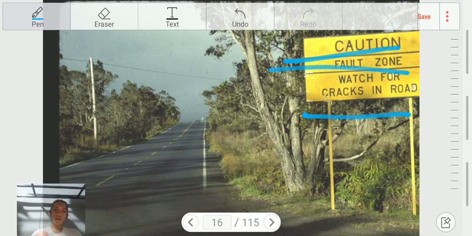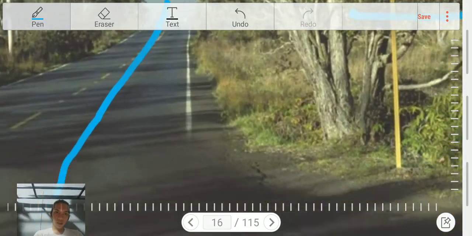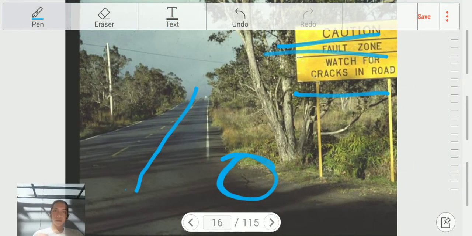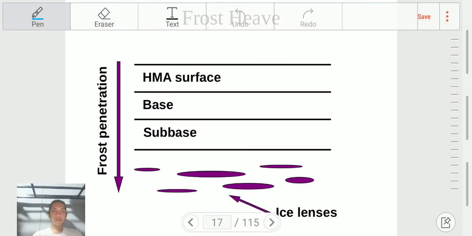From here to here, there are cracks. Here also, this is also a crack.